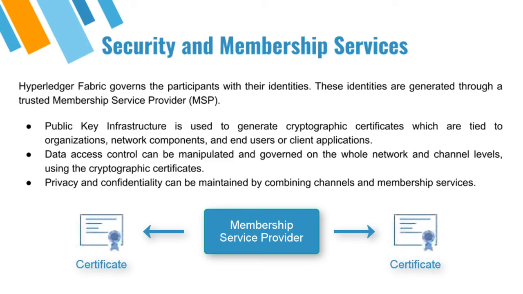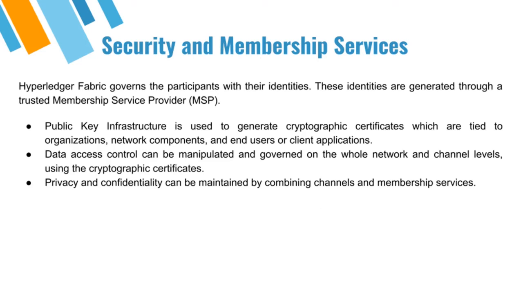Both the certificates held by you and me will help us to govern the capabilities and the permissions which we can perform over the network. So in a way, we can say that privacy and confidentiality can be maintained by combining both the channels and the membership services over the Hyperledger Fabric network.